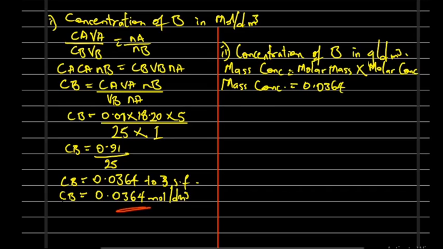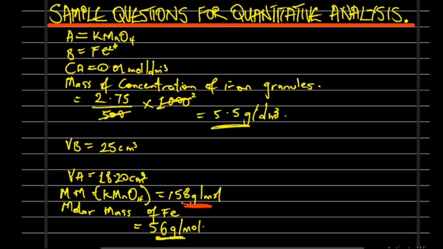So that's the molar concentration of base. So we have 0.0364 times 56. Remember we said earlier on that 56 is the molar mass of iron that is found in that substance, in that base. So that is why we are having 56 here.